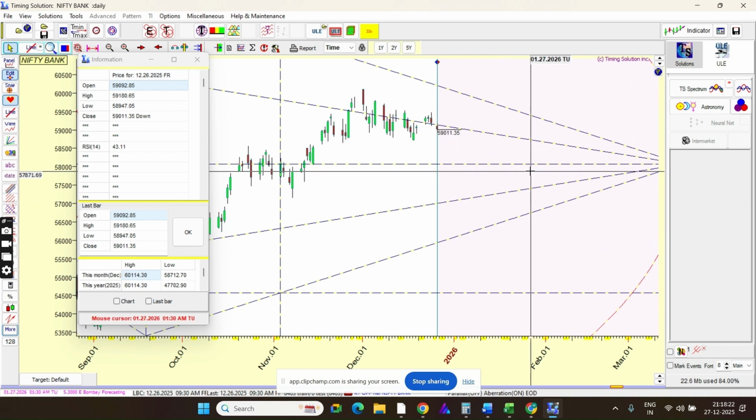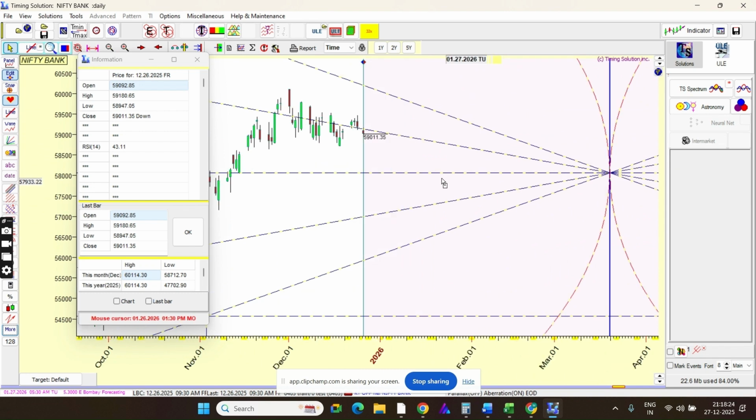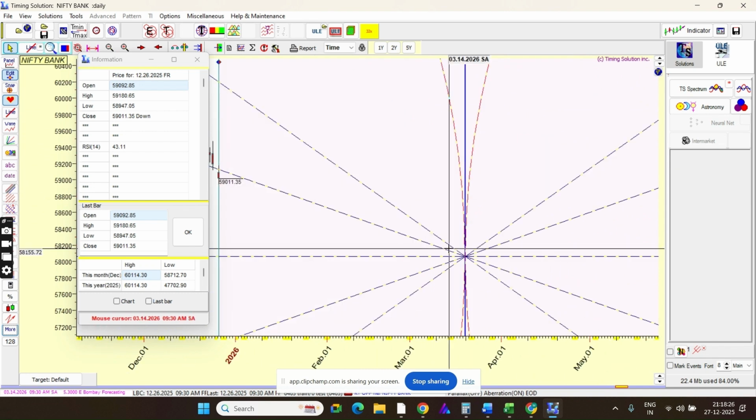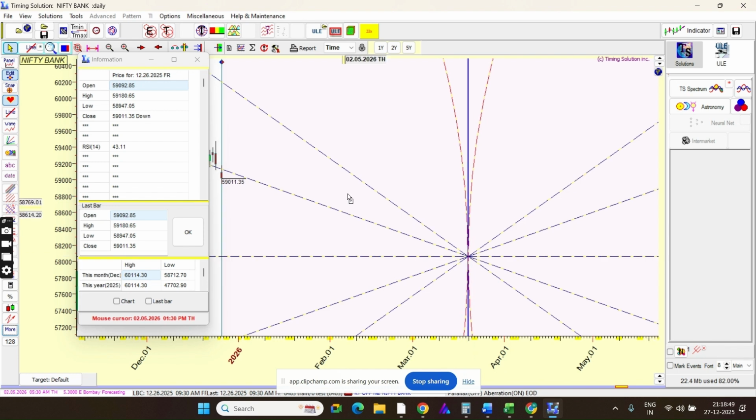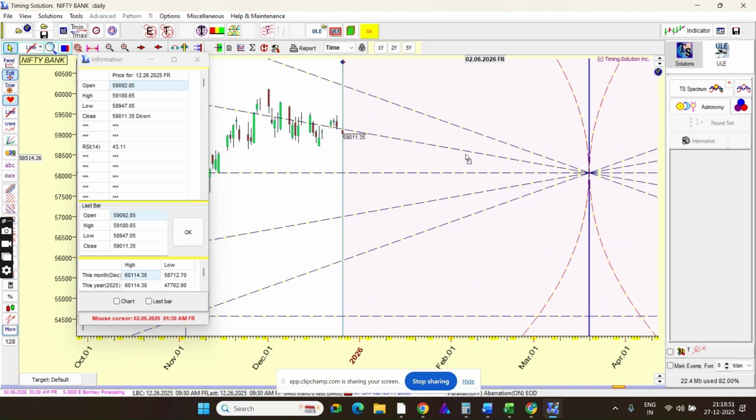Now you will see in the square, the cluster is formed around March 19th. This is a significant date for Bank Nifty, and the level to be watched here is 58,000. Anything below 58,000 before March 19th could be a deeper correction for Bank Nifty.